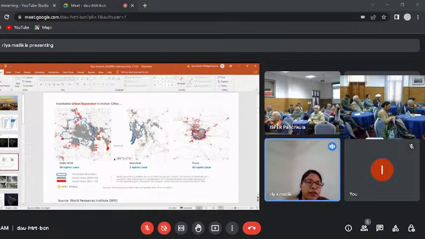Recently, the World Resources Institute did a study showing the urban expansion pattern of Indian cities, and found that Indian cities have huge peripheral growth. For example, Delhi is expanding about 54 square kilometers yearly. So this is the current urbanization scenario in India.